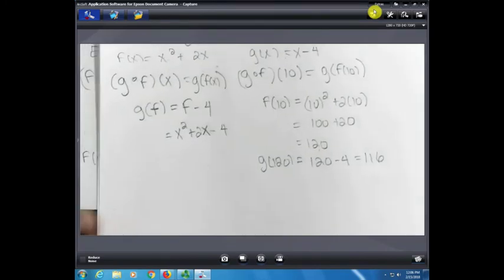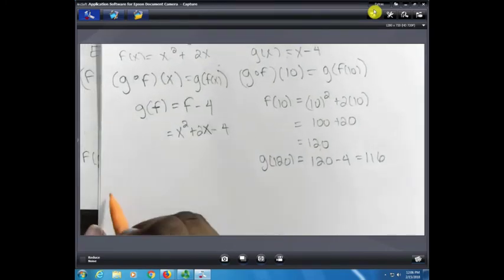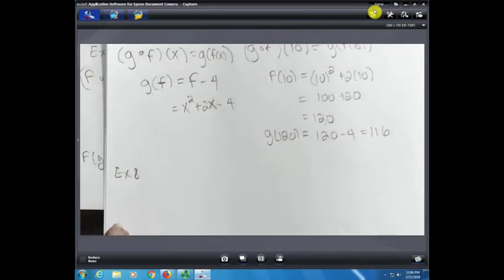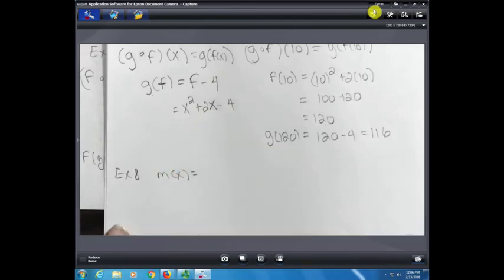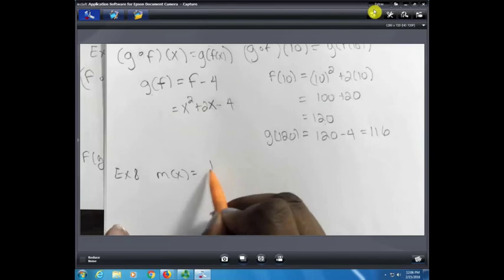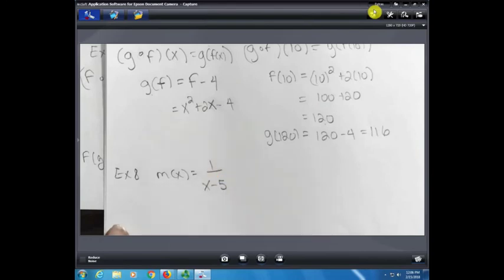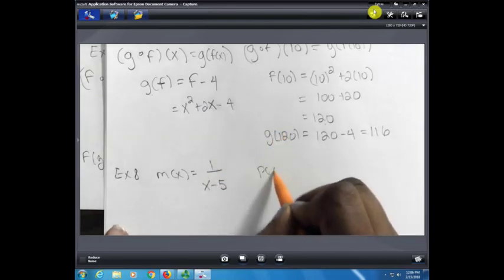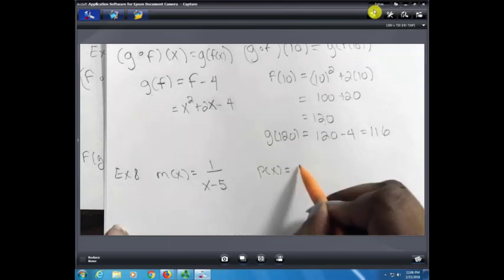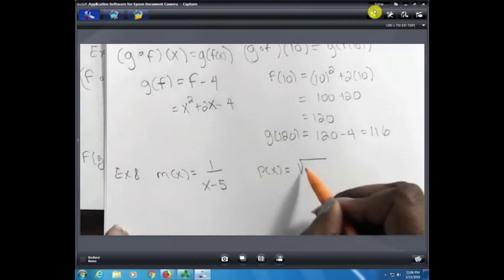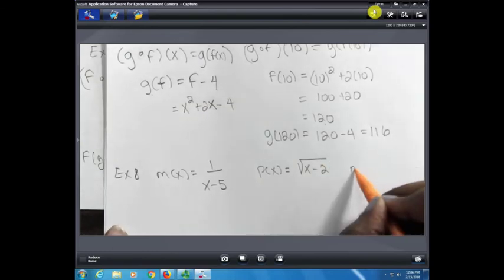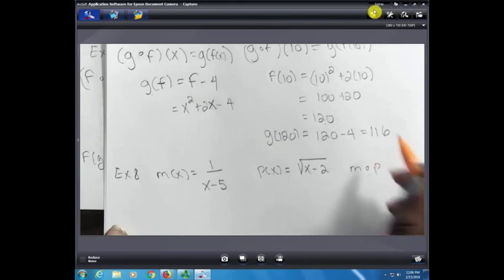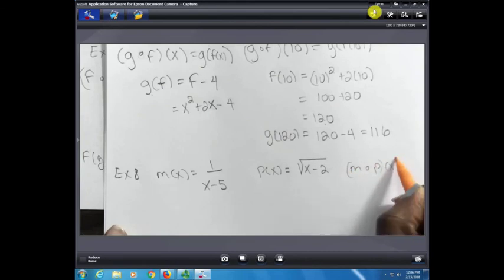Right, so let's look at example 8. Example 8 gives us m of x is equal to 1 over x minus 5. P of x is equal to the square root of x minus 2. And they want us to find m of p of x.